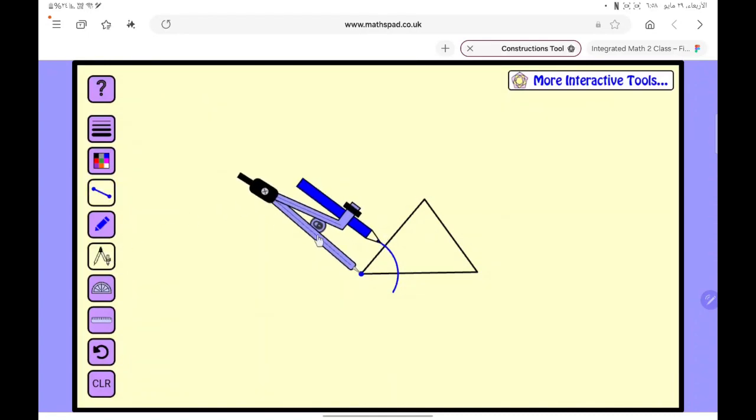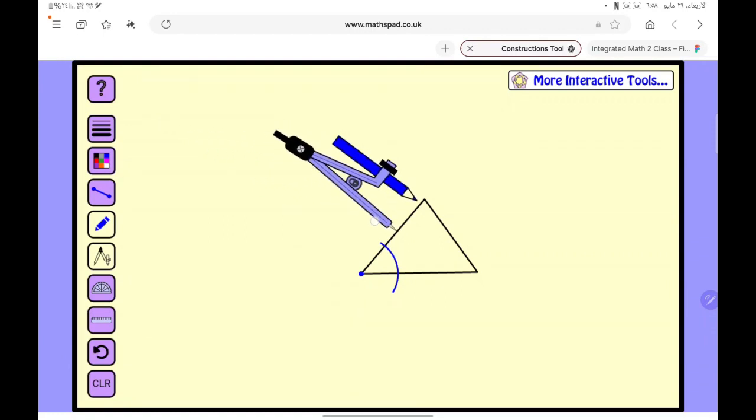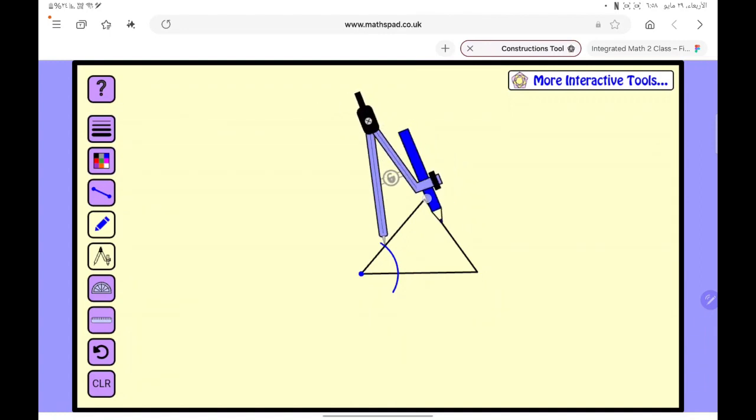So how many points do I have here? I have 2 points. This point here, and this point here. So as you can see, I have 2 points of intersection. Now take your compass, put it on the first intersection, and open your compass more than halfway across the triangle like this.